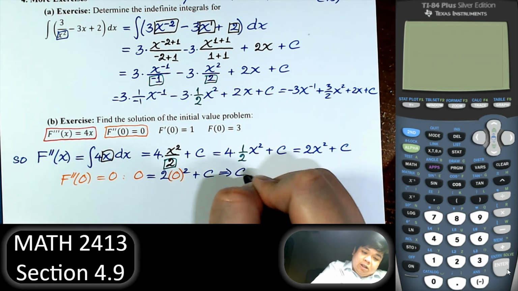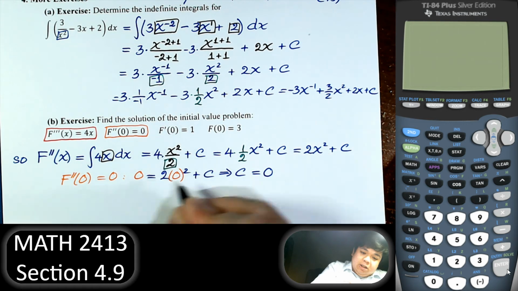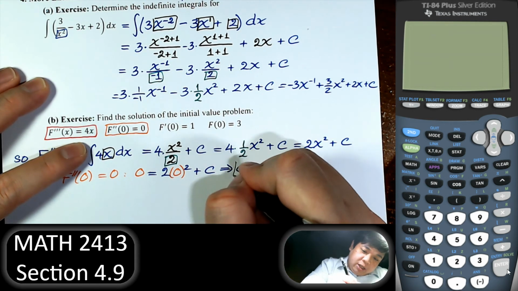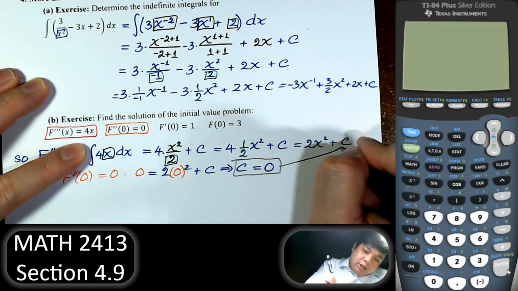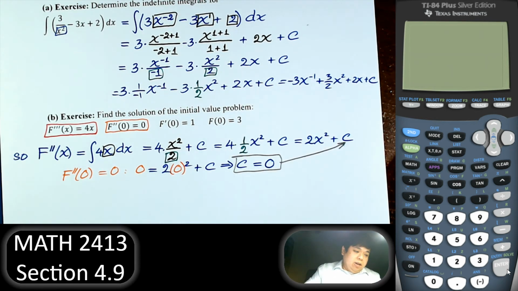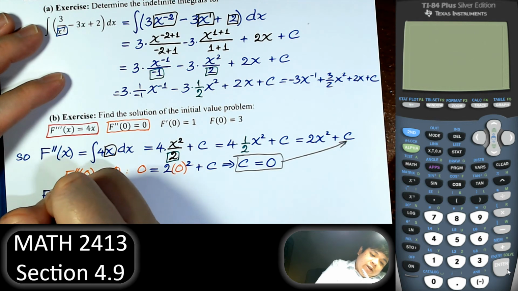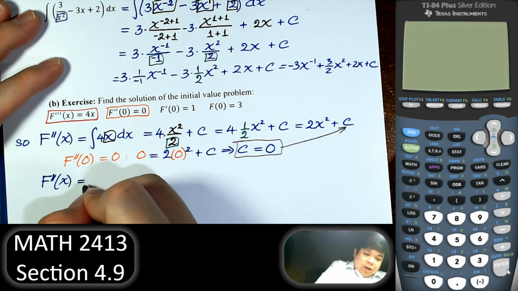So here c is equal to 0, right? Because the 0 cancels out. Substitute c equal to 0 into here. We have the second derivative is equal to 2x squared.